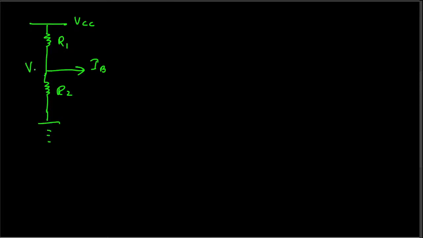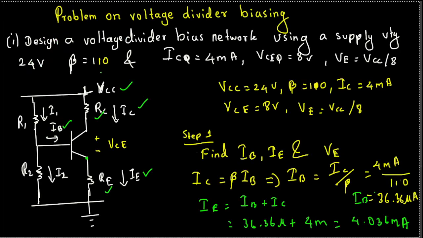Here we have VCC, and this one is R1 right here, and here we have the IB current going through this, and this one is R2, connected to the ground, and this is the VB voltage right here. So we just consider the input side of this.